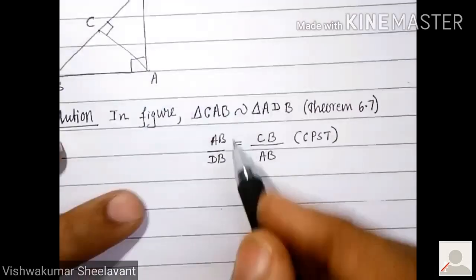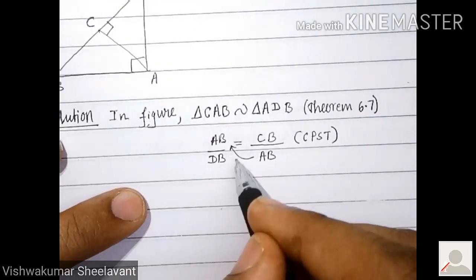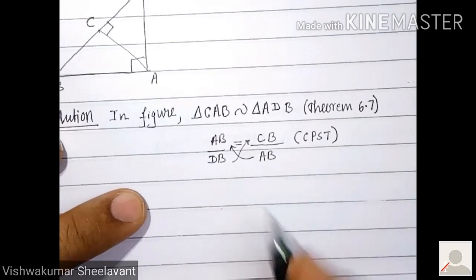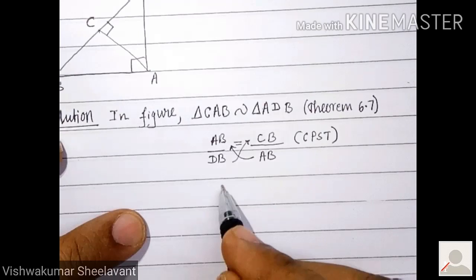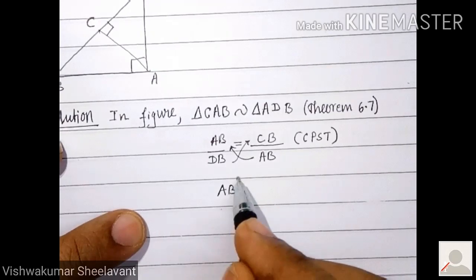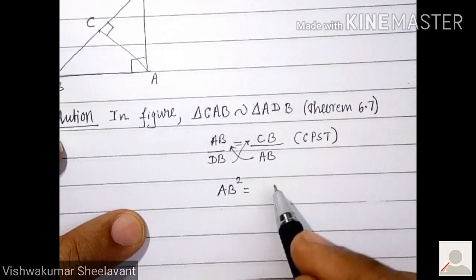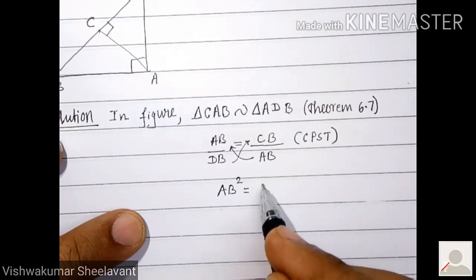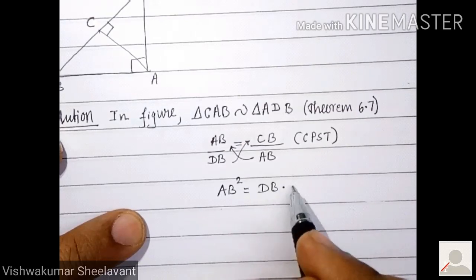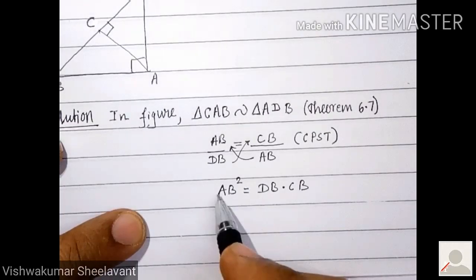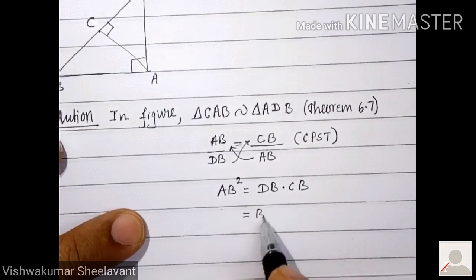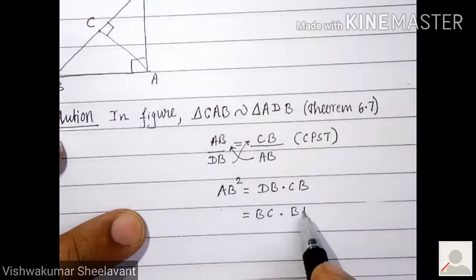Next, cross multiply. You get AB square equal to DB into CB, or this is equal to BC into BD.